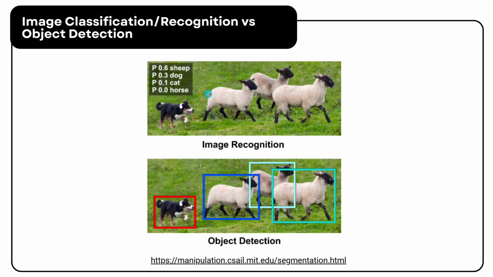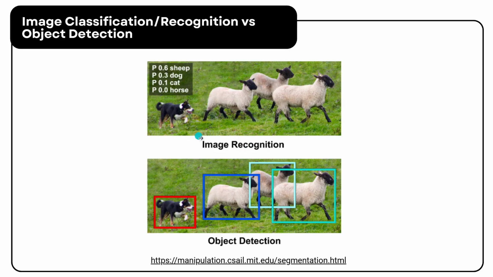In contrast, here we have object detection. This is more advanced, and the model not only identifies what objects are present, but also draws bounding boxes around each of them, effectively telling us what and where. If you're just classifying photos, classification is enough.